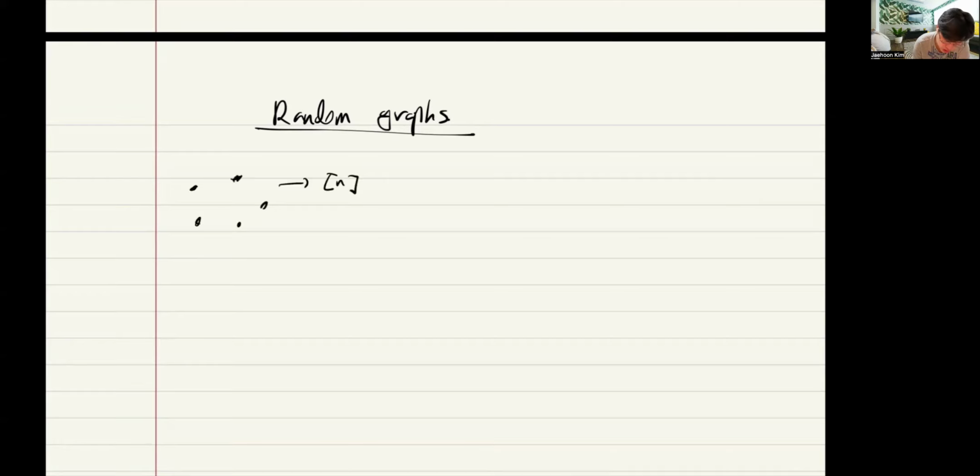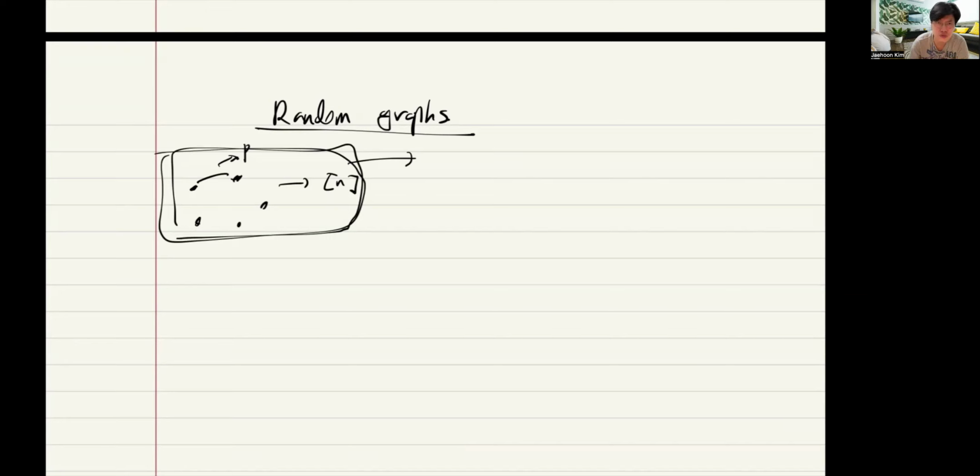And for each pair, we include an edge with probability p independently. That's a random variable, as well as a probability distribution. In this probability distribution, we show that with positive probability, a certain property holds. Then taking such a graph is what we wanted. So that was often what we did.